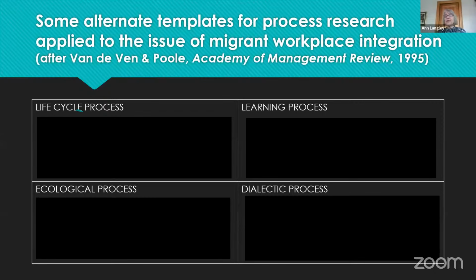And in terms of thinking about alternate templates, these are really, really useful. These are classic process theories. And I'm just going to give you an illustration. And I actually used this recently in a study with a colleague from University of Gothenburg, and we were looking at migrant workplace integration in Sweden, in organizations.